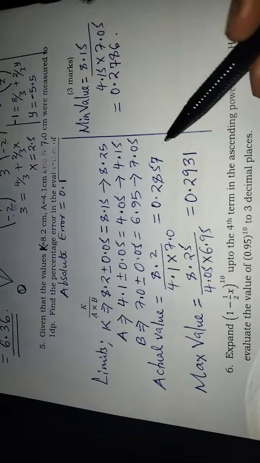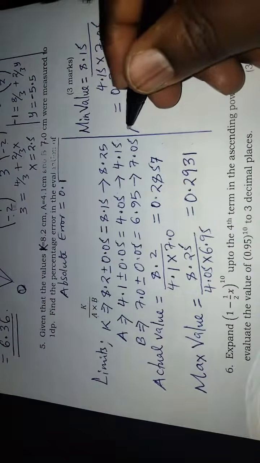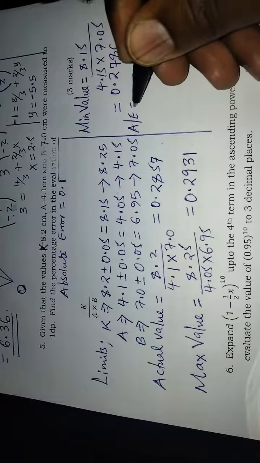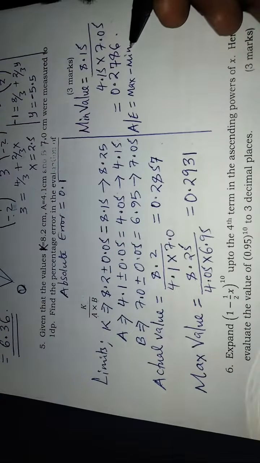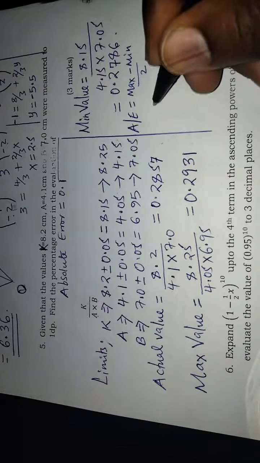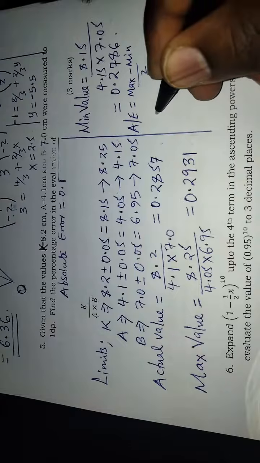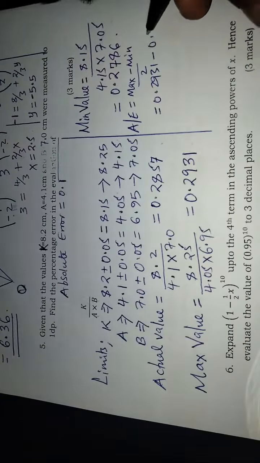Now there is something we should obtain here, and this is called absolute error. We usually take the maximum value minus minimum value out of 2. So we're going to have 0.2931 minus 0.2786, and we divide this by 2.